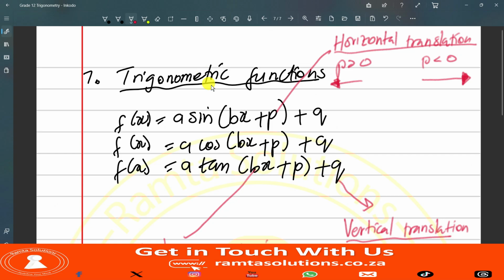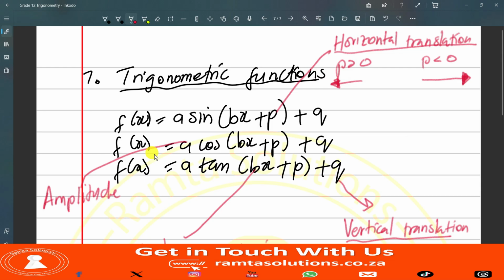Now let's talk about this A. This A represents amplitude. You see it more with sine and cosine. You can't really see its influence on the tan graph. Basically, the tan graph doesn't have an amplitude.